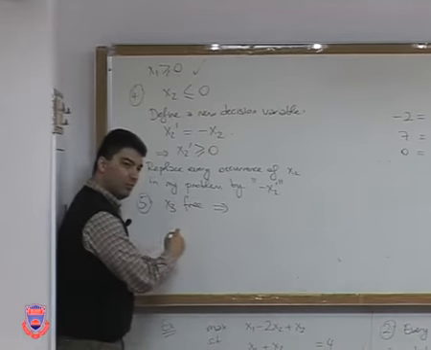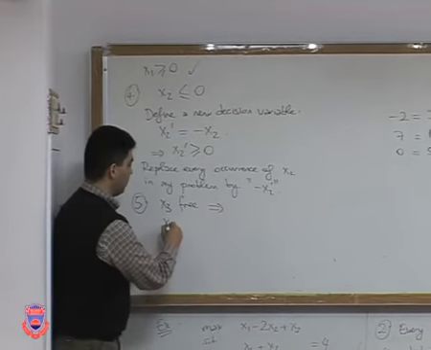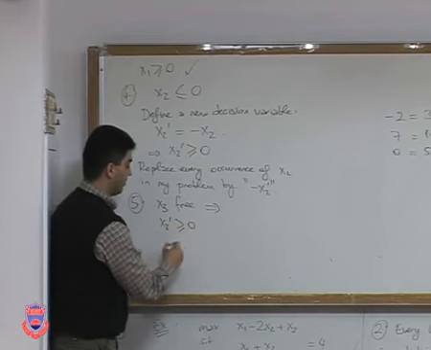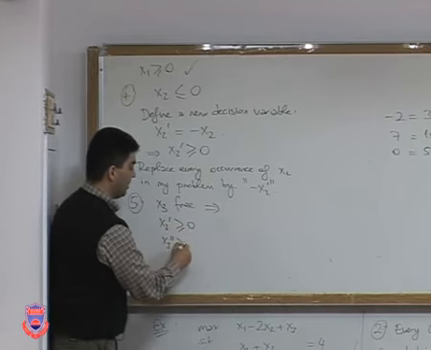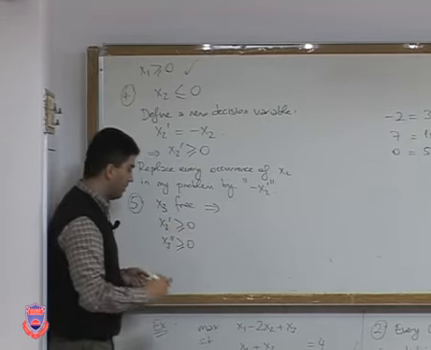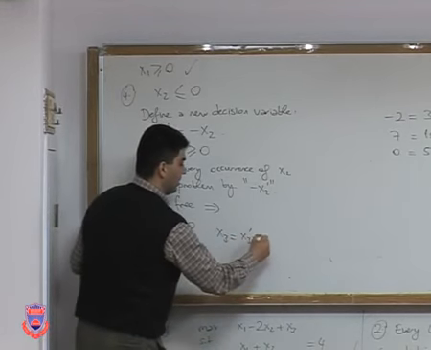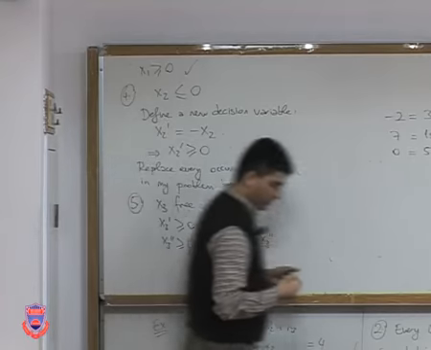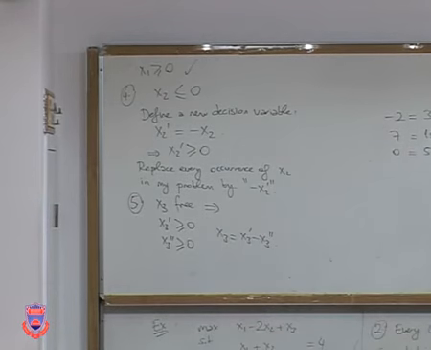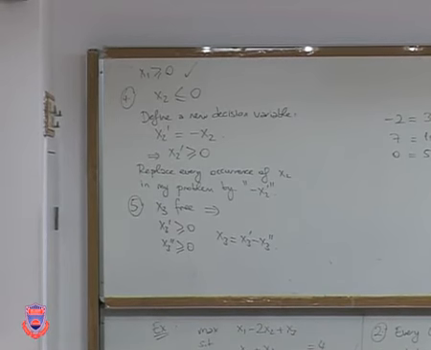Well, I'm going to define two new variables now. I'm going to define x3 prime, which is a non-negative number. And I'm going to define x3 double prime, which is also a non-negative number. And I'm going to say that x3 is equal to x3 prime minus x3 double prime. So I claim that if I define these variables, then indeed x3 will be a free variable, basically, right?